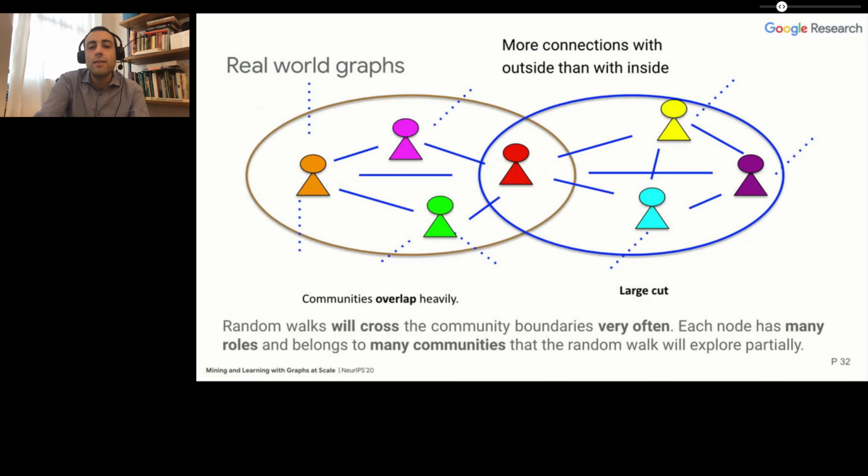And if this happens, it means that the random walk starting from a node will cross the boundary of these communities very easily. When that happens, the random walk will explore the outside of the community more than the inside of the community. And it means that it's hard then to embed the node in a unique position and identify the multiple communities to which the node belongs.